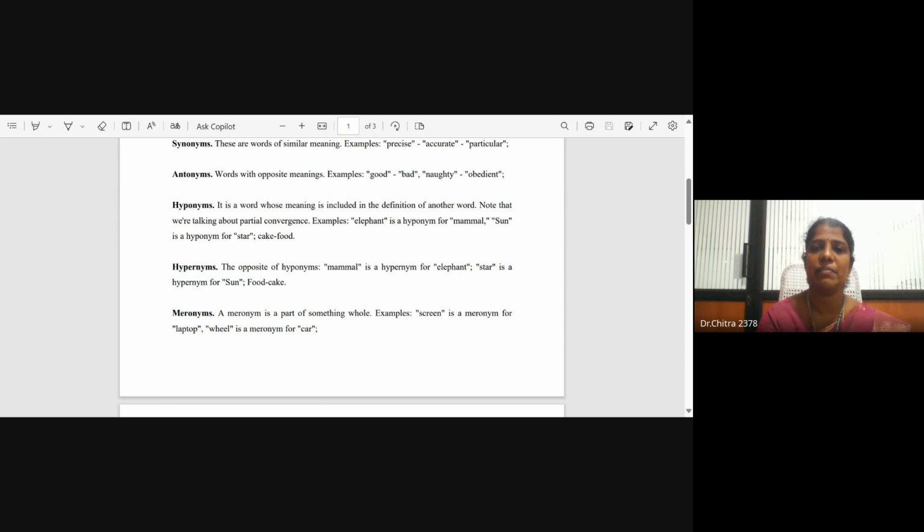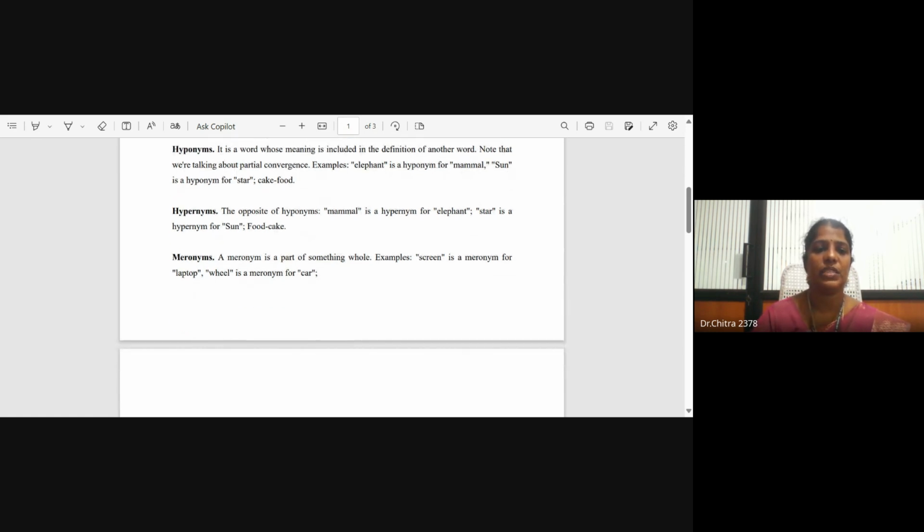The semantics, the meaning of the words, or the relationships and similarities between the words can be identified from these groups. And the next one is meronyms. Meronyms are parts of something whole. That means if you are talking about a small thing like screen, remember that generally screen is used for a laptop. Keyboard means it belongs to a computer.